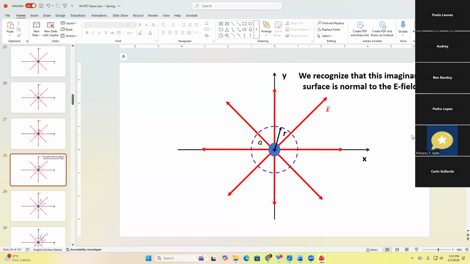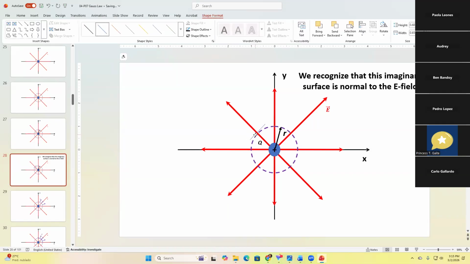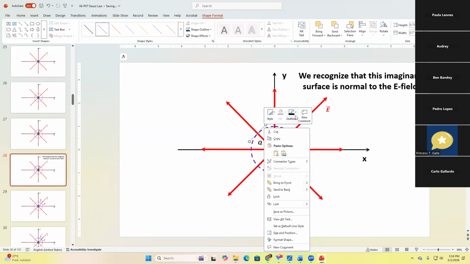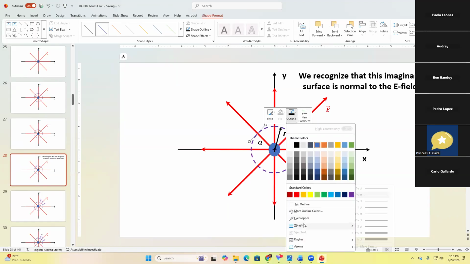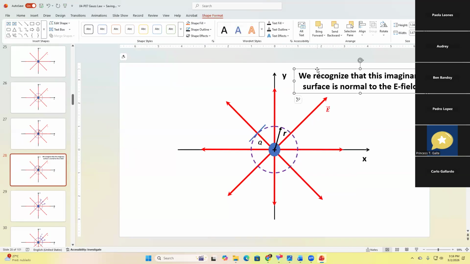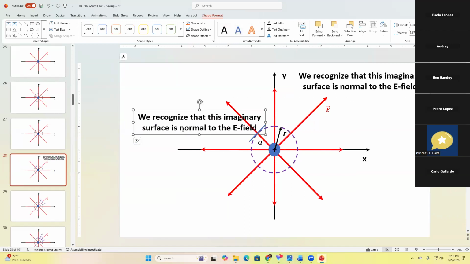And I'm going to draw a line that represents a plane, a plane tangent to the spherical surface. I'm going to indicate that plane tangent to the surface and perpendicular to the E field.